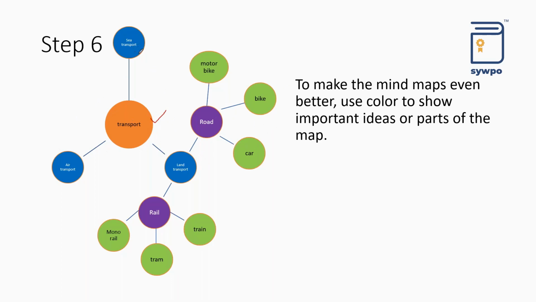And then look, I've coded blue for the sub ideas, then I've coded purple for the detail ideas, then I have drawn green circles for supporting details. So this is how you can actually use color codes to identify your ideas and your thoughts that you put in the mind maps.